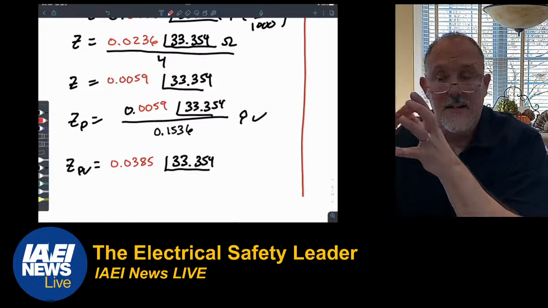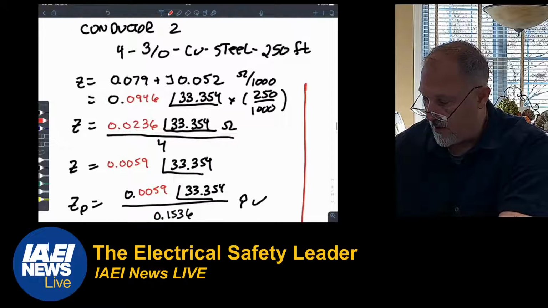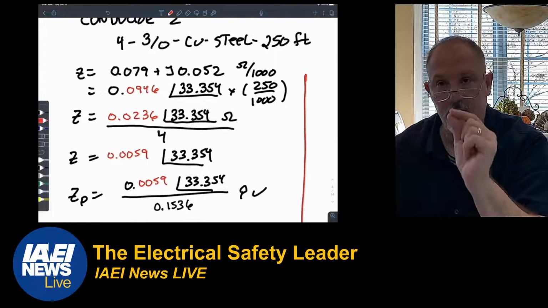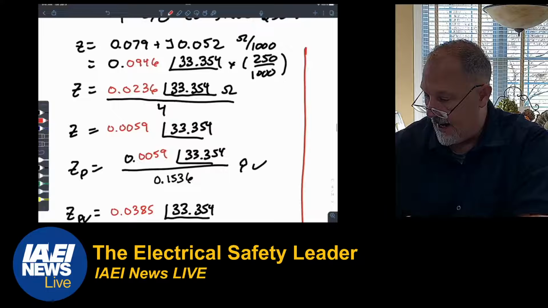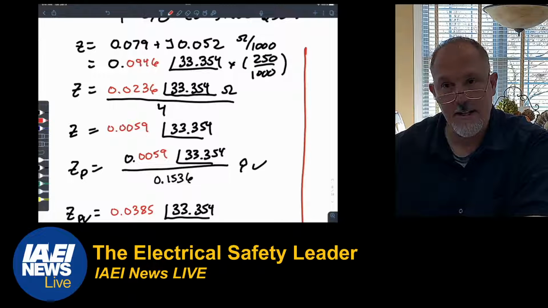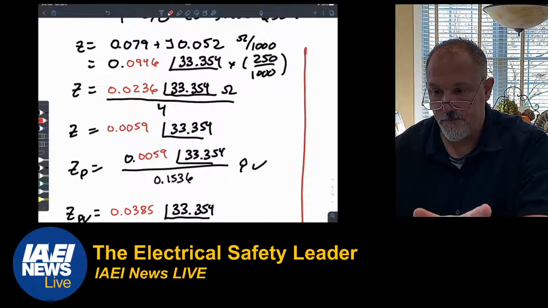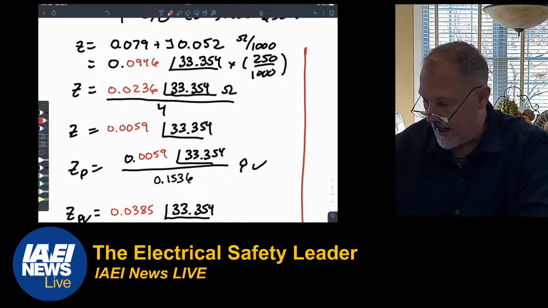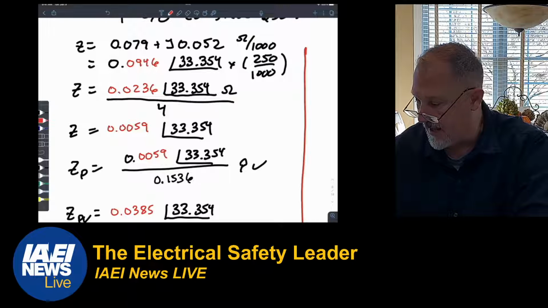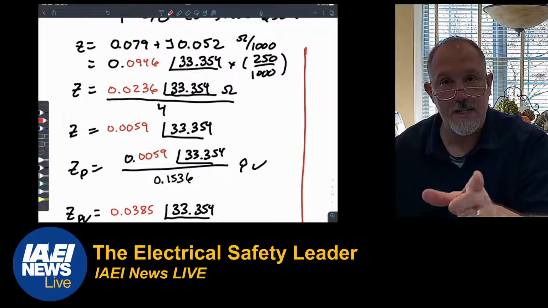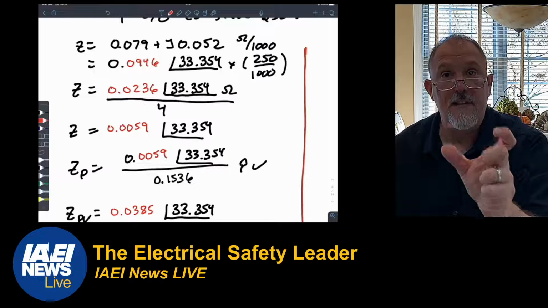So what did I just do? I took conductor number 2, which is 4/3/0 copper steel, 250 feet. I went to chapter 9, table 9, 0.079, 0.052. I got that into polar coordinates. Then I multiplied that by 250 over 1,000 to get to only 250 feet.